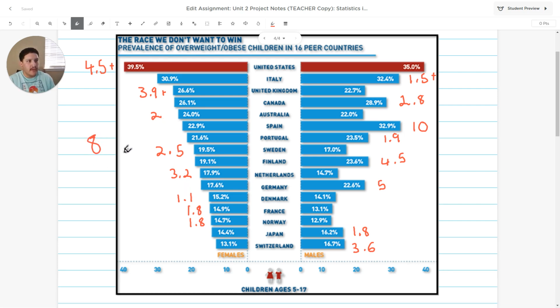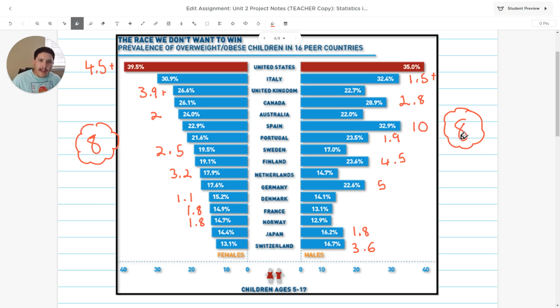There are 8 countries that have more overweight females than overweight males. If I go to the male side, I have 1, 2, 3, 4, 5, 6, 7, 8. I have 8 countries that have more overweight males compared to overweight females.